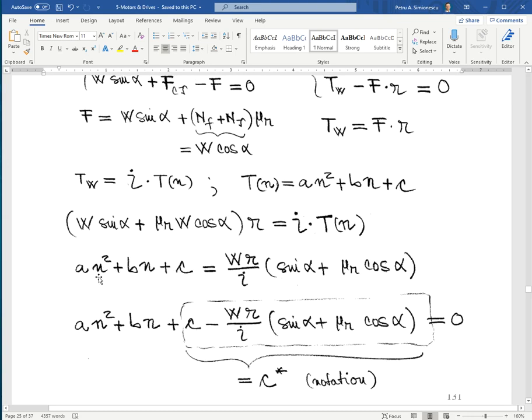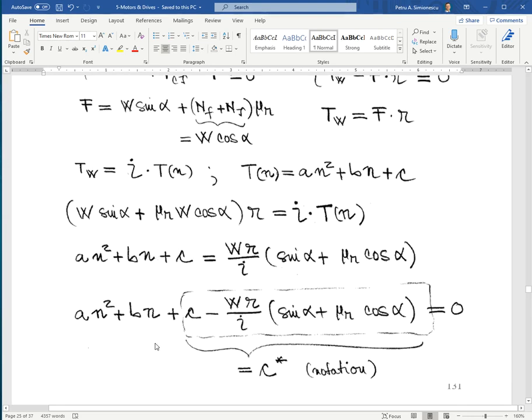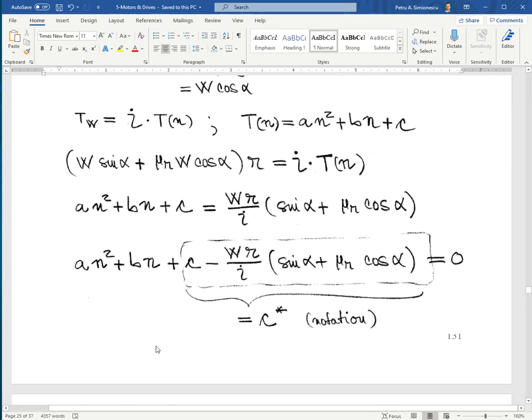So I take the derivative, set that derivative equal to 0, so it'll be 2an plus b equals 0. You calculate n for the maximum, which is going to be negative b over 2a, and then take that n value and plug it back in and calculate the maximum torque.